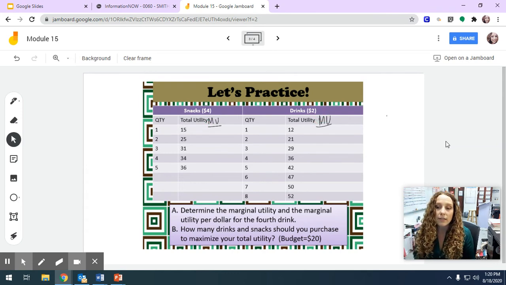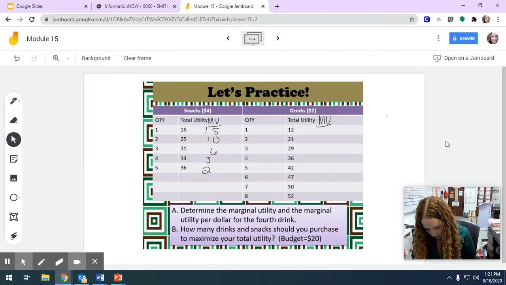All of these are pretty easy because the quantity changes by 1 each time. So I can assume that at a quantity of 0, I had 0 utility. So that means we changed by 15. Marginal utility then, 15 to 25 is 10. 25 to 31 is 6. 31 to 34 is 3. And 34 to 36 is 2. So there's our marginal utility.